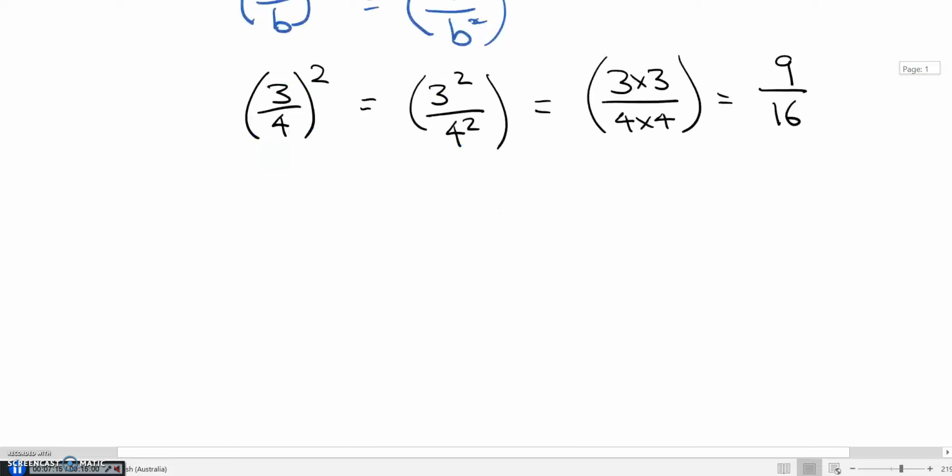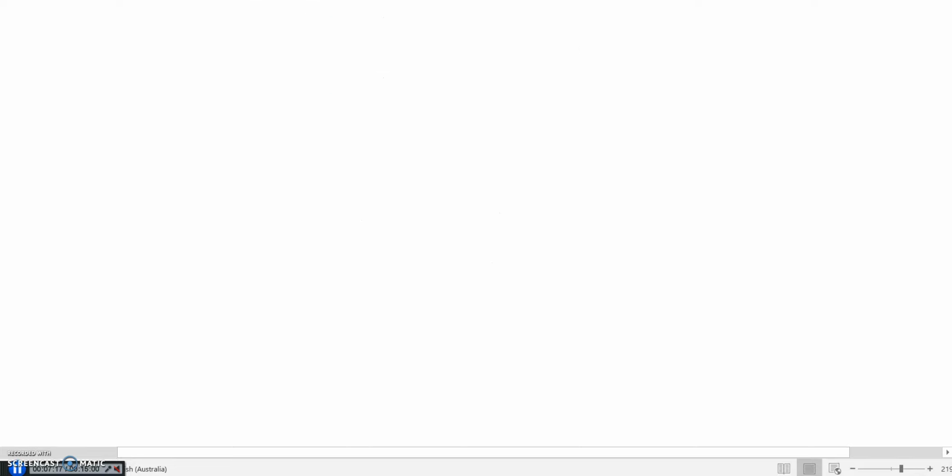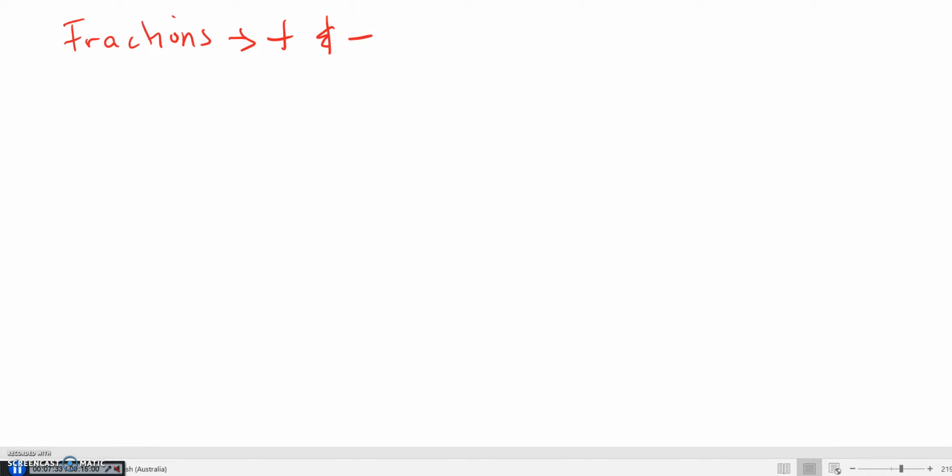Okay, so moving on. If we're looking at fractions, we'll give that a title of fractions. And I will do adding and subtracting. Number one rule is when you add and subtract, all your fractions must have the same denominator.